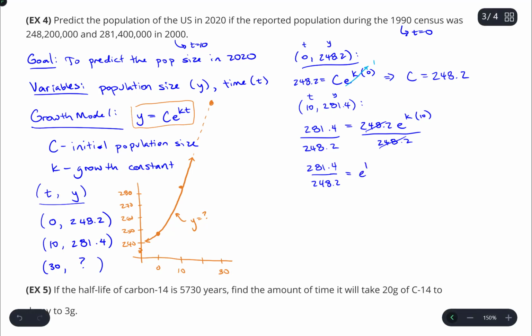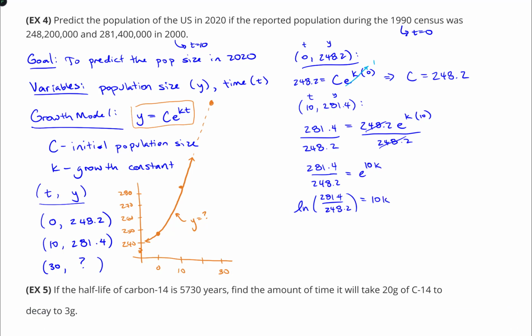And then that's now equal to e to the 10k, which I could change into a logarithm. If I change that into a logarithm, it would look like the natural log of this thing is equal to the exponent, 10 times k. If you're not sure how to go from exponential form of an equation to logarithmic form, let your instructor know and get some more advice on that.